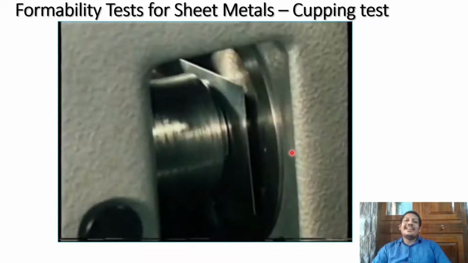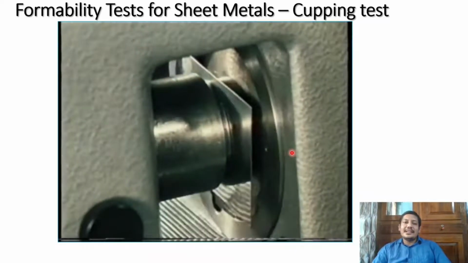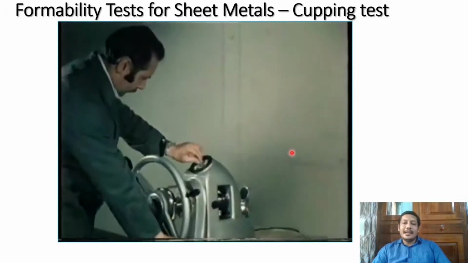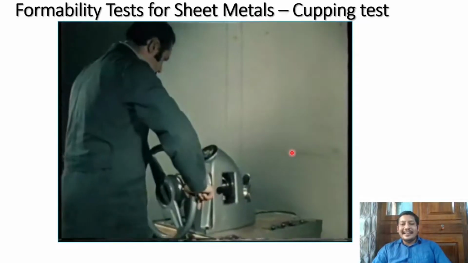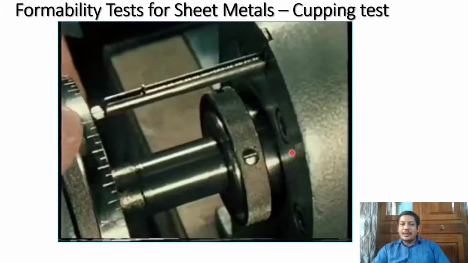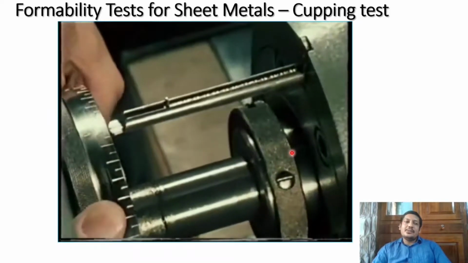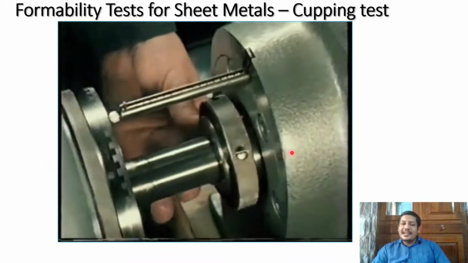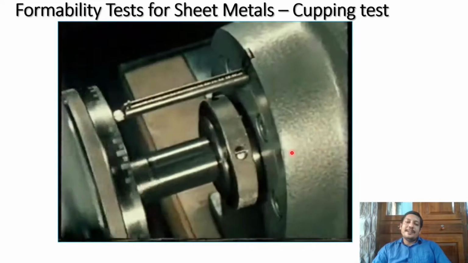You are rotating the handle, ensuring that the sheet is gripped between the anvils properly. Now you are setting the needle to 0. You are adjusting the scales. You have a rotary scale and a linear scale. Ensure the sheet is perfectly fixed.